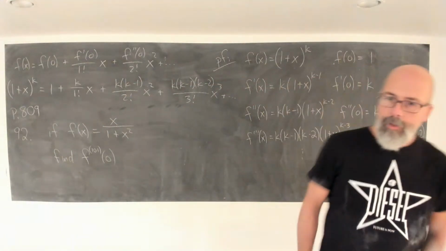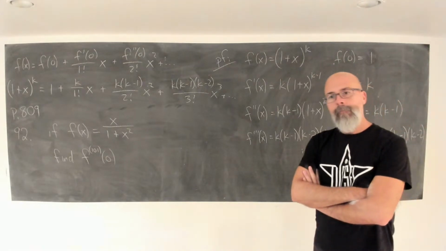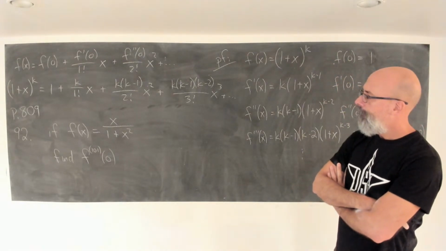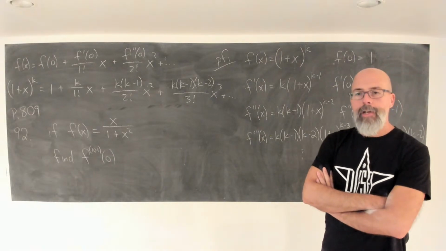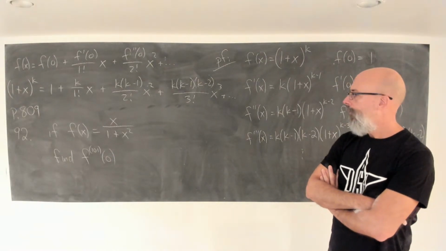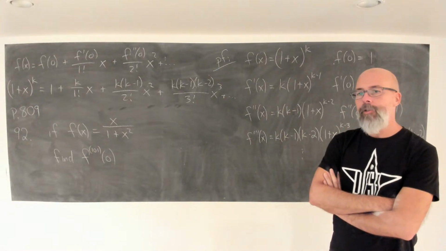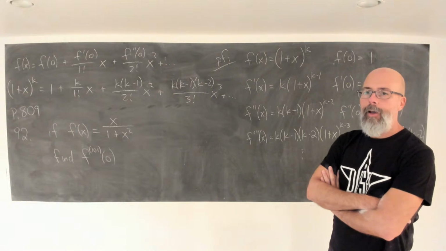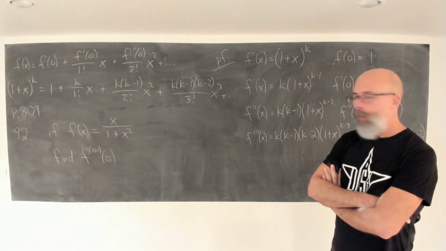Consider this nice question. Consider that function x over 1 plus x squared. The question is asking for the 101st derivative at 0. You have options.